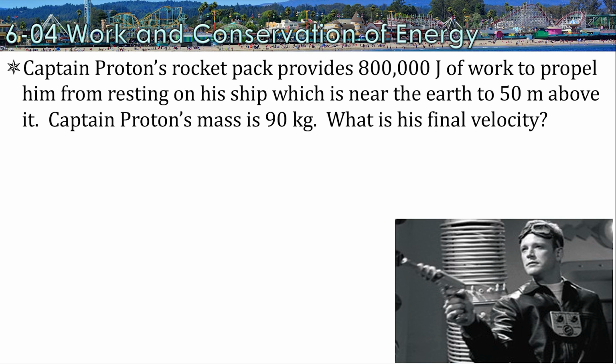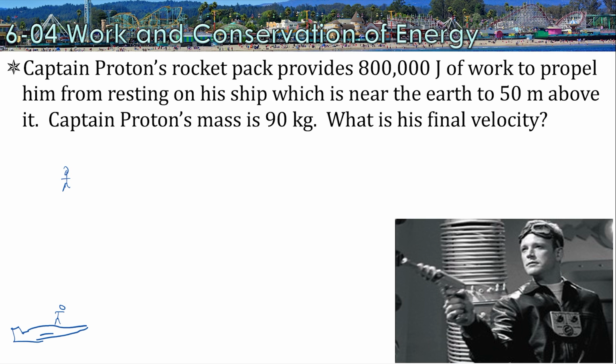Captain Proton's rocket pack provides 800,000 joules of work to propel him from resting on a ship, which is near the Earth, to 50 meters above it. Captain Proton's mass is 90 kilograms. What is his final velocity? So he starts down here on his ship and ends up here.